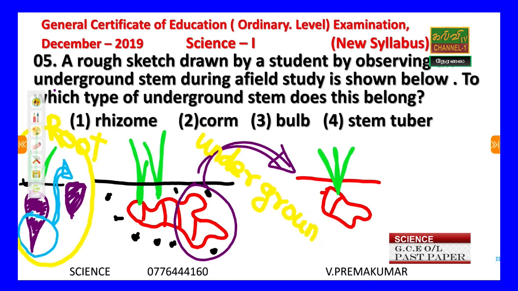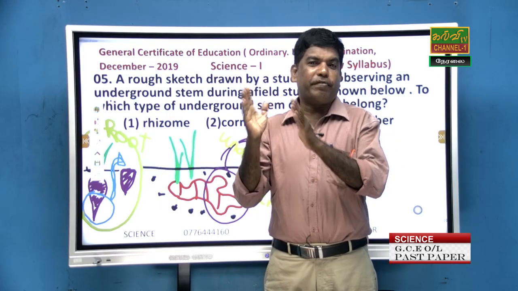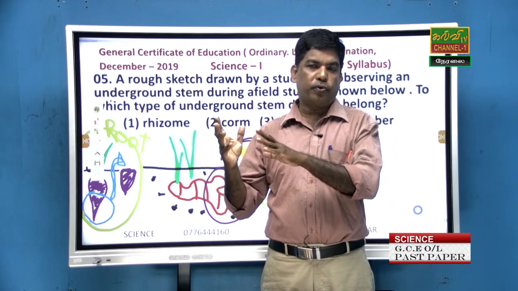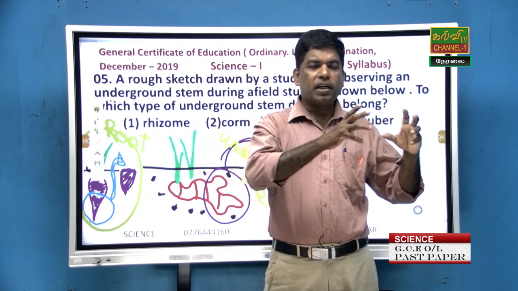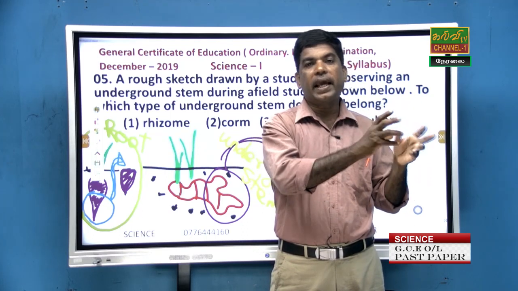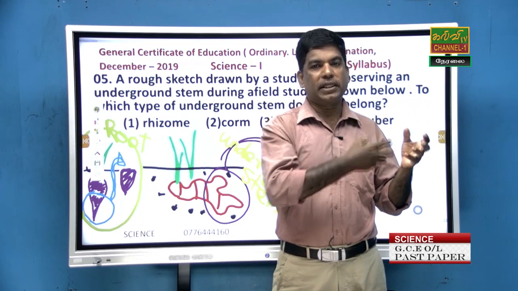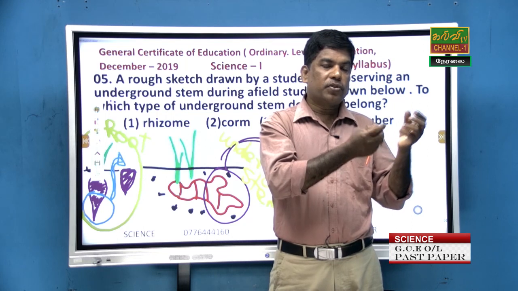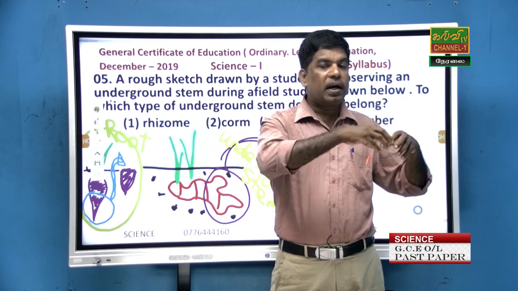So now you can understand the main difference between an underground stem and a root: storage of food. The small piece of an underground stem can give a new plant because it has some buds. So it can give a new plant.